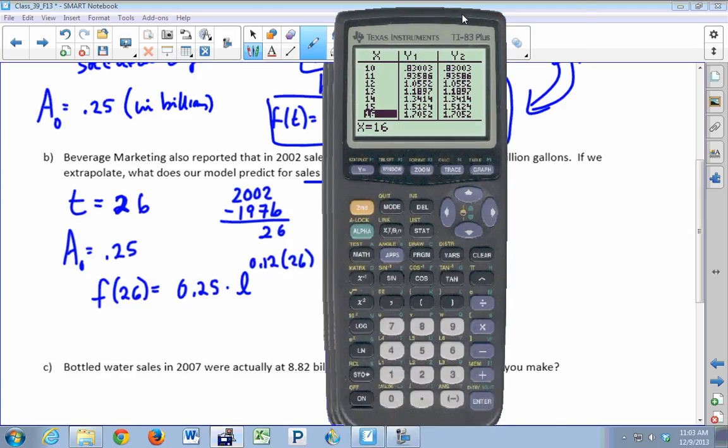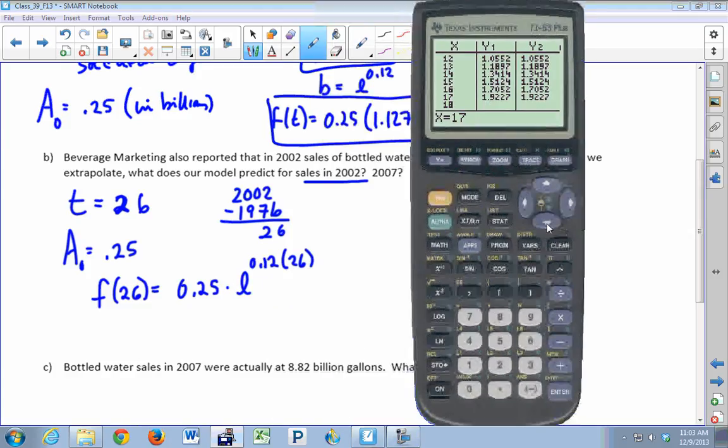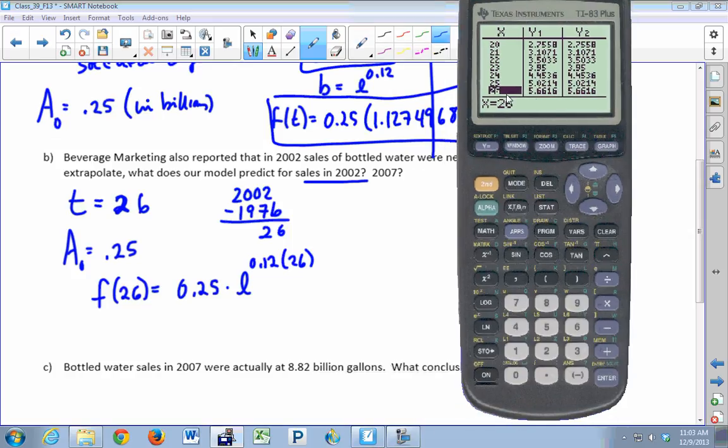So we go into our calculator. Something is wrong with what I input in here, I think. Let me see. That's not exactly, oops. There it is, okay. So notice we can either do this out, or once you input your equations in, you can use your tables and there's your answer. The answer is 5.6616, okay, which if you estimate is 5.7.